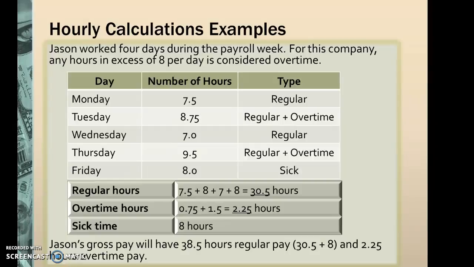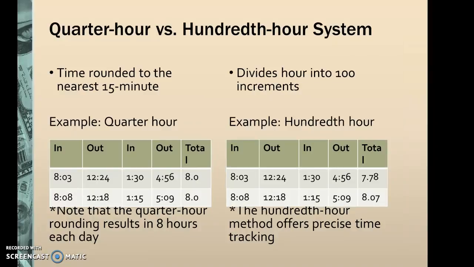So it is really important in an organization to understand how the payroll hours work, because some employers use quarter hours versus a 100th hour system. If it's a quarter hour system, time is rounded to the nearest 15 minutes.